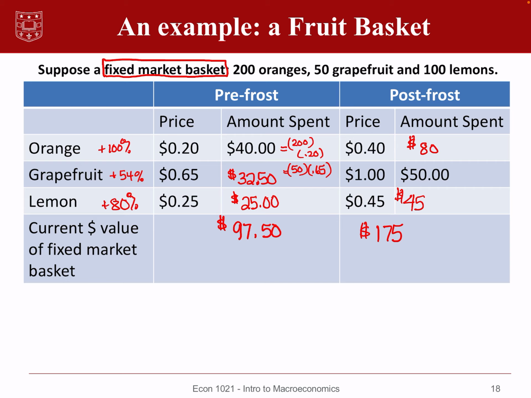And so we can figure out the inflation based on this. It is going to be the growth rate, the percentage change in the value of the fixed market basket.